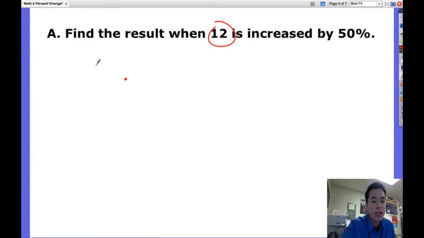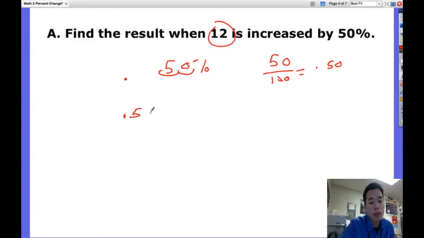So I have 50%. To change it into decimal, I'm just going to move the decimal twice. Or I know that I can do 50 over 100, which is equal to 0.50 or just 0.5. So to set this up, to find the result is 0.5, that's 50%, times 12. You can write it 0.5 times 12, which is equal to 6.